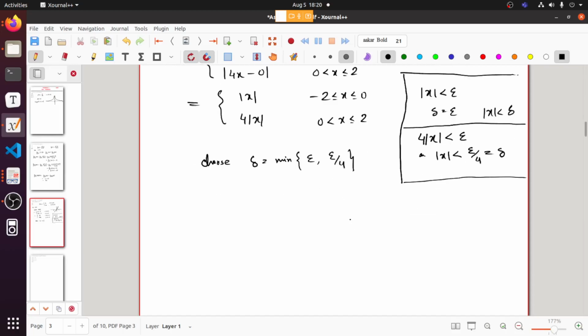So what happens then? If mod x is less than delta, then mod x is automatically less than epsilon and less than epsilon by 4, right? Then mod of f(x) minus f(0), this is mod x, and because delta is less than epsilon, this is also less than epsilon.